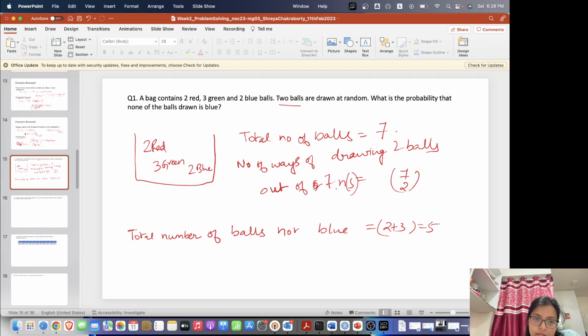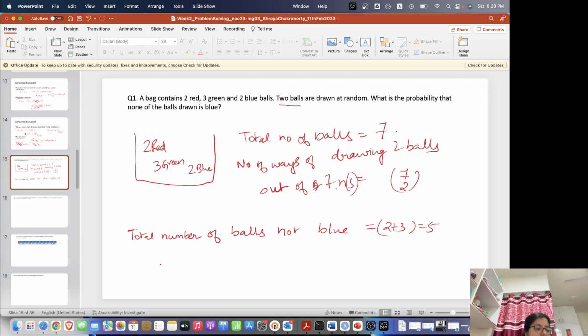Another way is that we should first find the probability of drawing 2 blue balls, and then subtract it from 1. 1 minus 2C2 upon 7C2 also. Yes, that is also true. So here there are two ways of doing it. The total number of balls which are not blue is my event space.